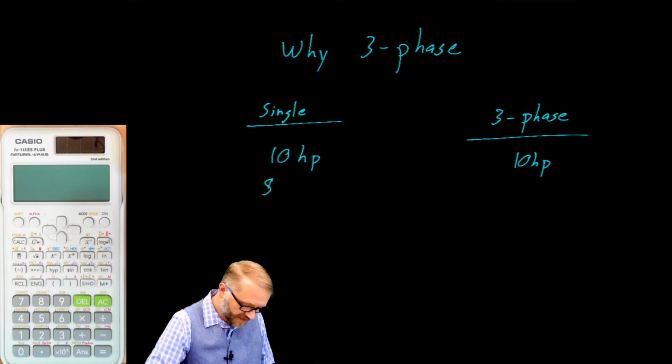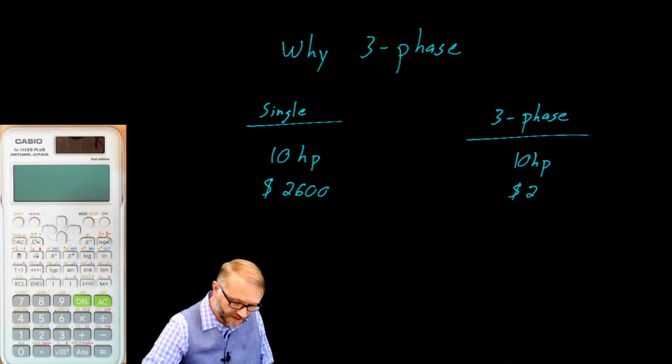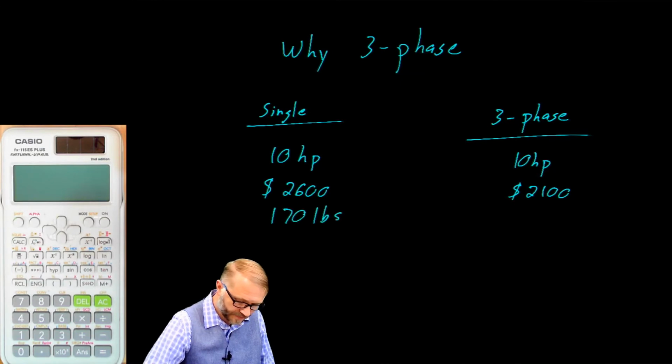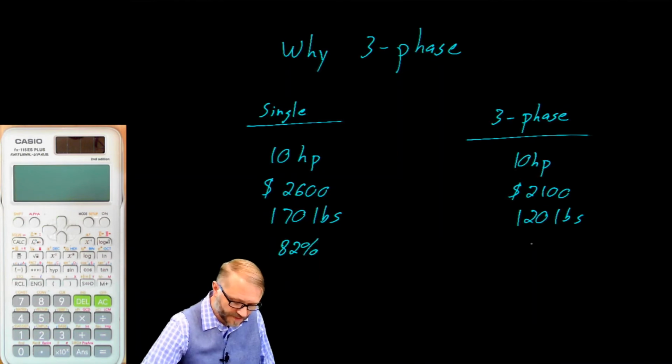The single-phase motor costs about $2,600, whereas the three-phase motor costs about $2,100. The single-phase motor weighs about 170 pounds, whereas a three-phase motor weighs about 120.